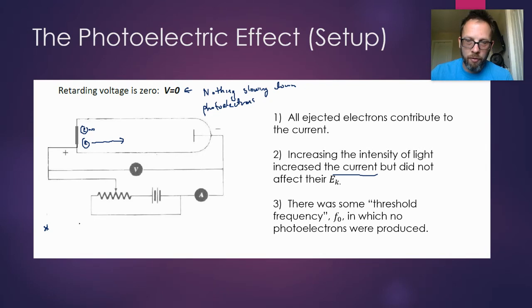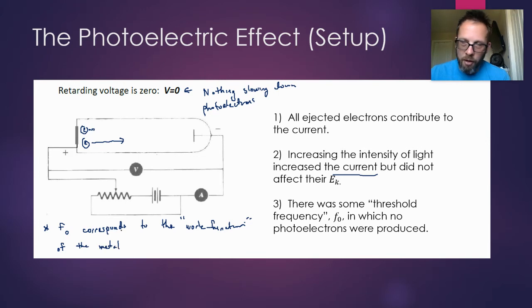I mentioned this threshold frequency f naught. f naught corresponds to the work function, so we give it the symbol W. The work function of the metal.